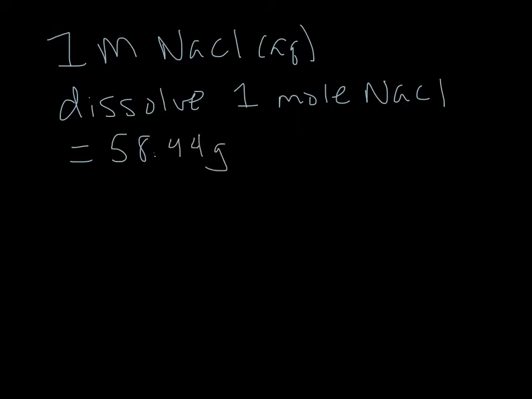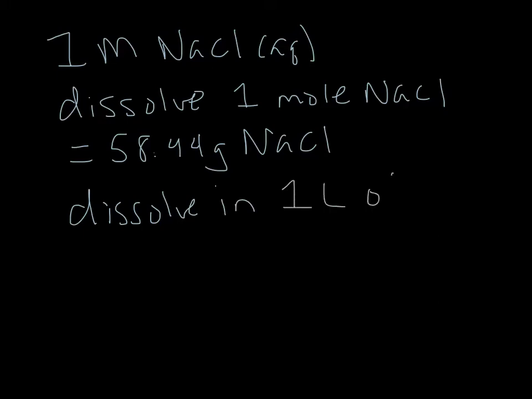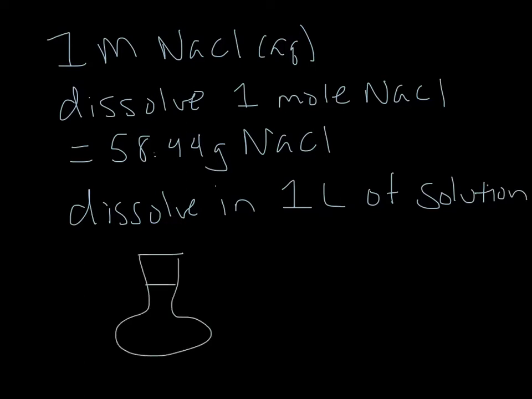So just using the periodic table to determine the molar mass, I could mass out 58.44 grams of my sodium chloride, and I would dissolve that in a total of 1 liter of solution.